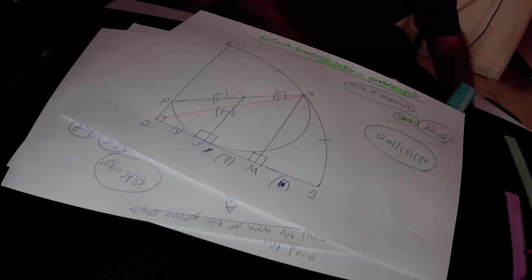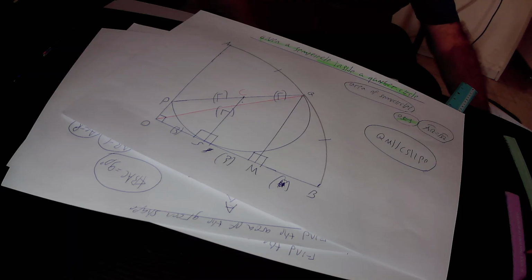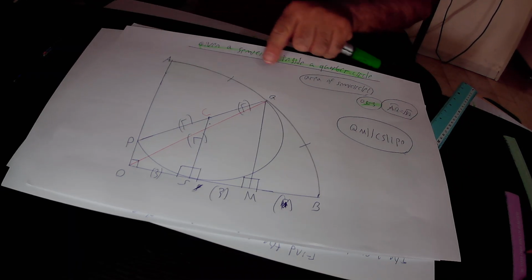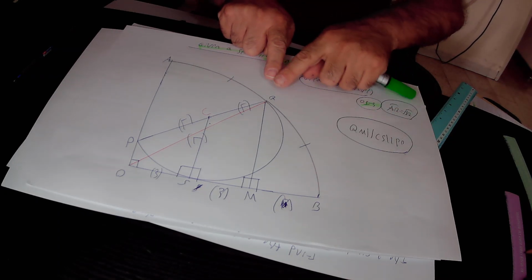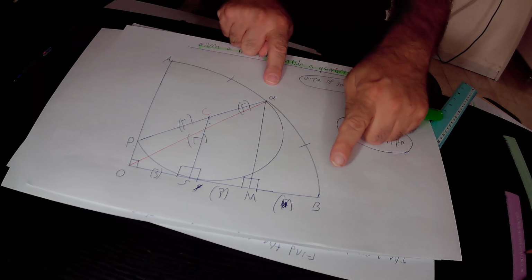Well, in our drawing, it is given in the question that arc AQ is equal to arc QB. Again, according to what is given in the question, arc AQ equals arc QB in its length.